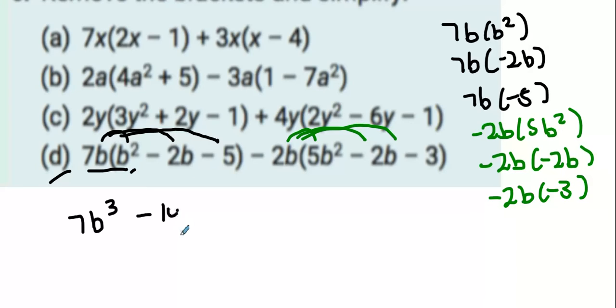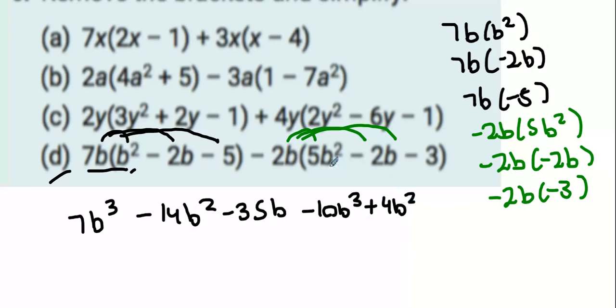Minus 14b squared. 7b by minus 5. Minus 35b. Minus 2b by 2b squared. Minus 10b cubed. Minus 2b by another minus 2b. Yeah. Minus 2b by minus 3b. 6b.